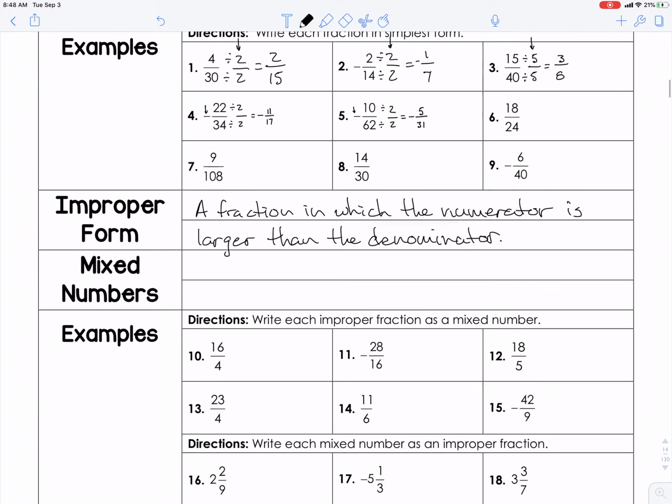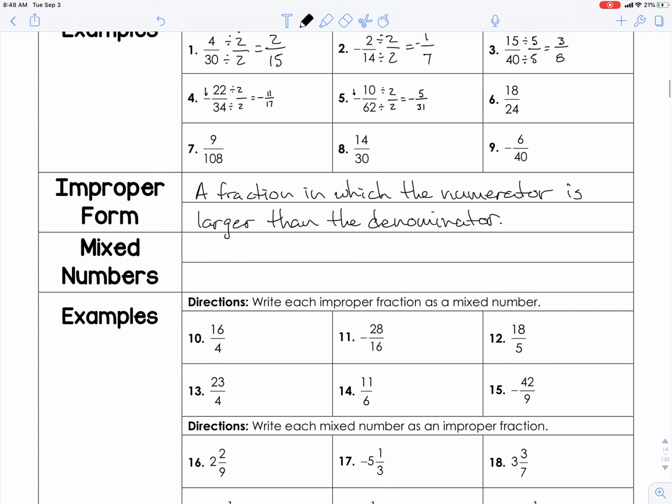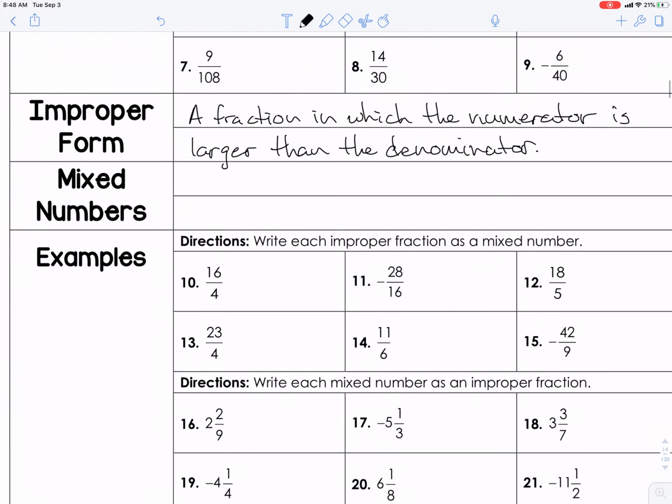Okay, none of our previous examples up here were like that. All of them had a smaller number in the numerator and a larger number in the denominator. Improper would be a larger number in the numerator and a smaller number in the denominator. Mixed numbers.